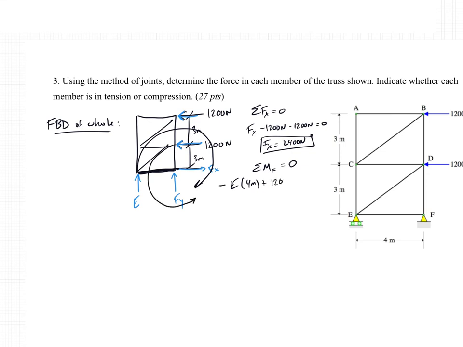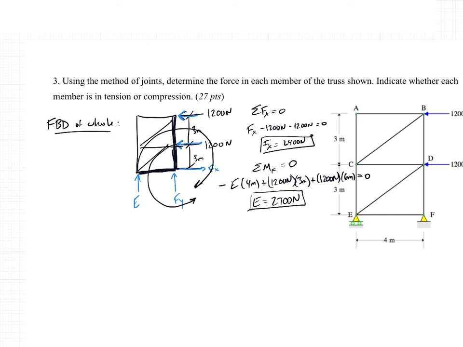So it's going to be 1,200 newtons times this one's 3 meters away, plus 1,200 newtons, and that other one is 6 meters away. So E equals, I think I just did this math, but let's do it again. It equals 2,700 newtons.